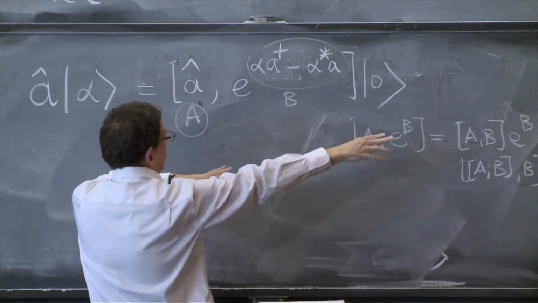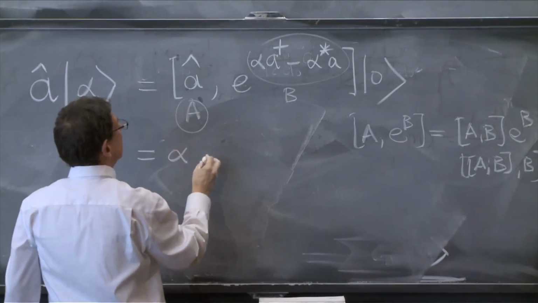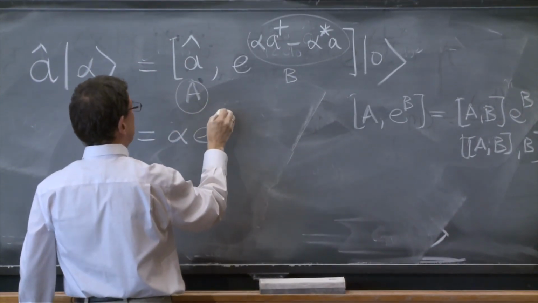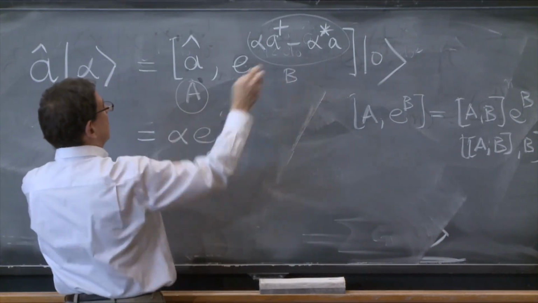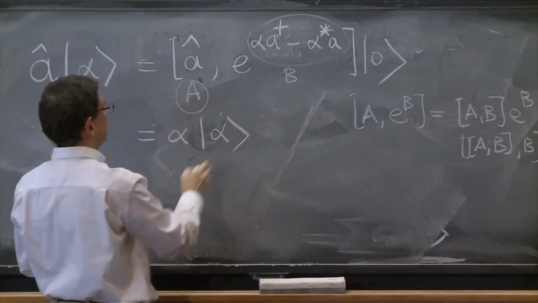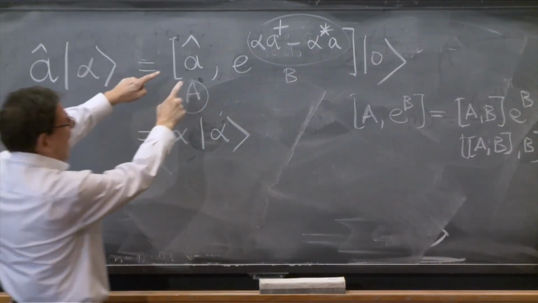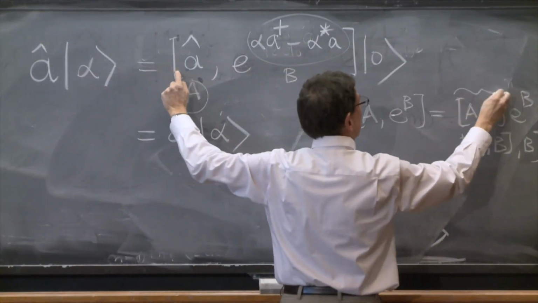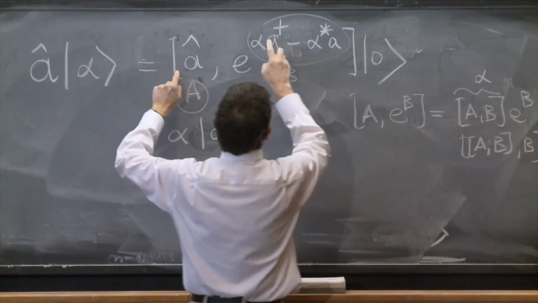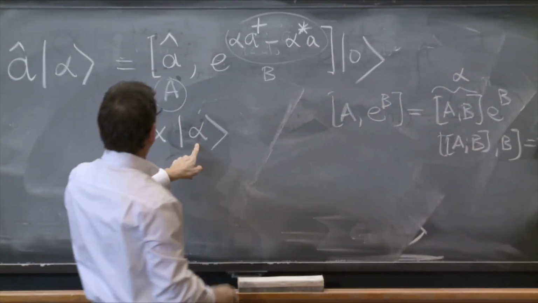So it's a number, so this is safe. So you get alpha times the same exponential. But the same exponential means the state alpha. A little quick, isn't it? OK, A with B, this factor was alpha. And e to the B, on the vacuum, is the state alpha.